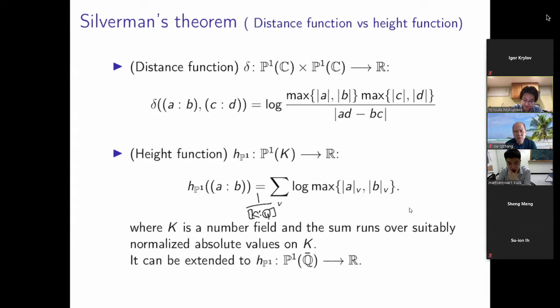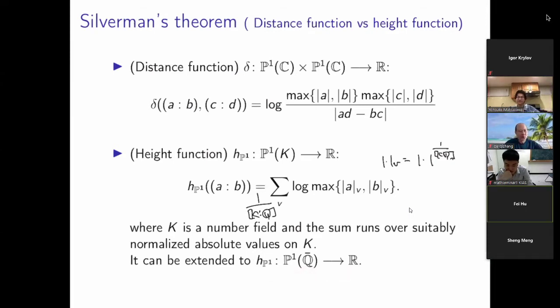If you prefer, you can add this factor, but we can also use this kind of normalization. So it's a problem of normalization, so it doesn't really matter. But this kind of trick is important to define the height.